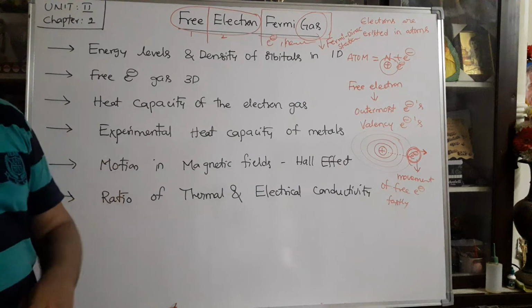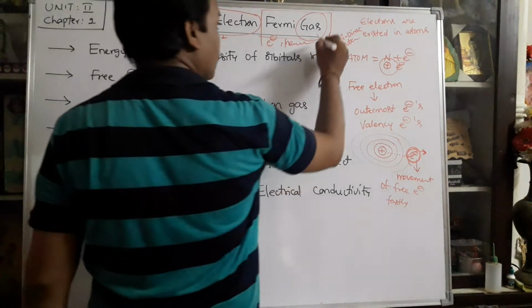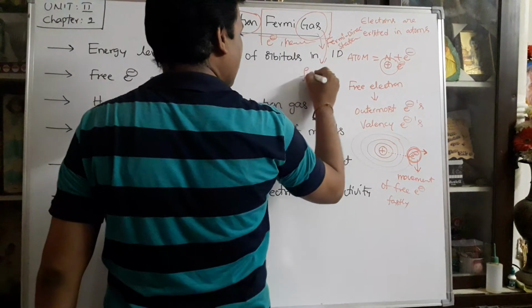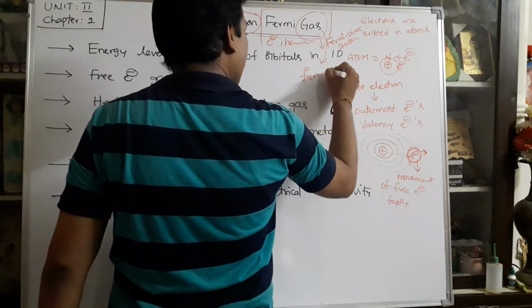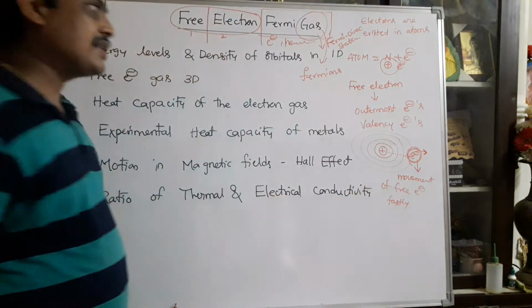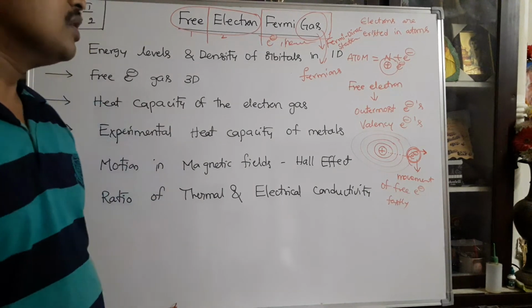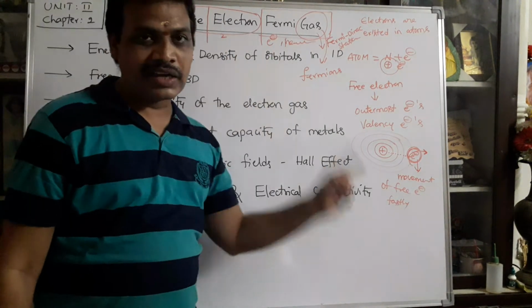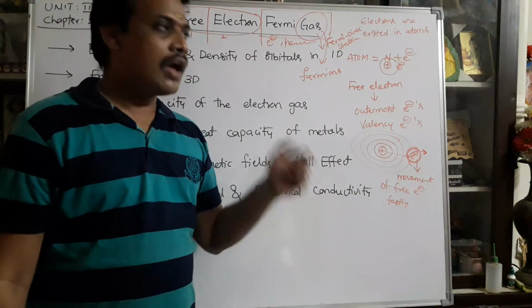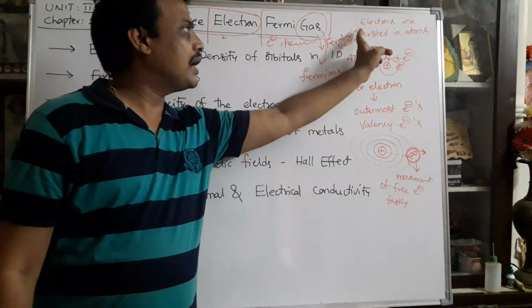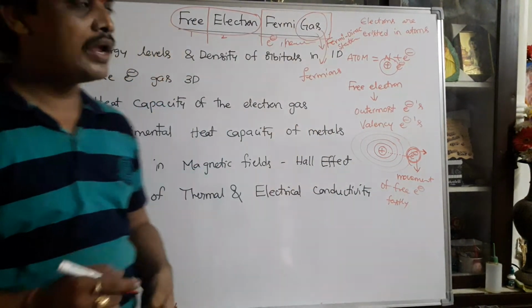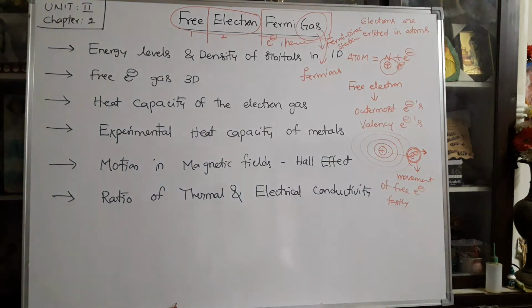Those electrons, that gas of atoms, are called fermions. The best examples of fermions are electrons, neutrons, protons, and so on. In this chapter we explain Fermi Dirac statistics. That is the first meaning.